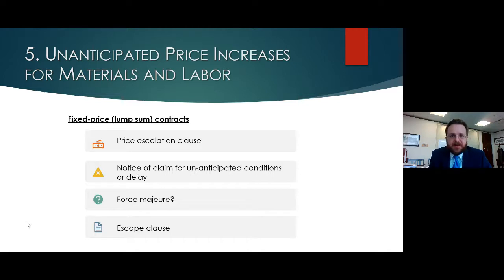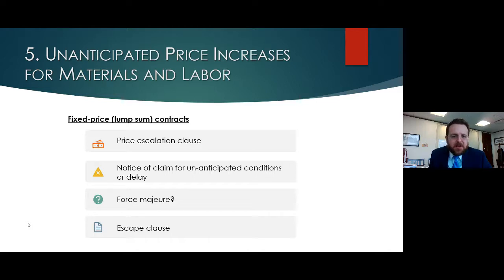Maybe. It's going to depend on the language of your contract, but maybe we can look at your unanticipated or unforeseen conditions clause. And if you look at the underlying reason for the price escalation, can we tie that into one of the reasons within unforeseen conditions doctrine?